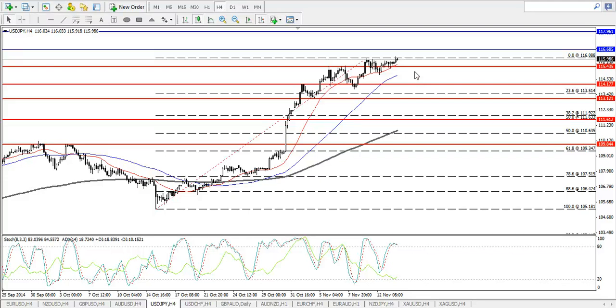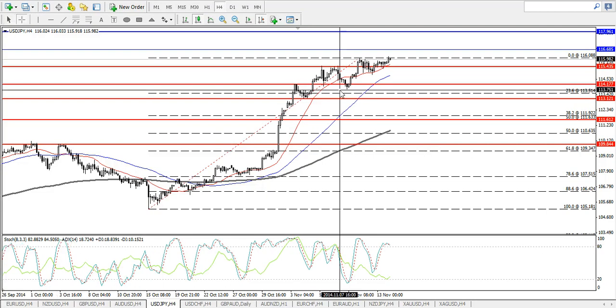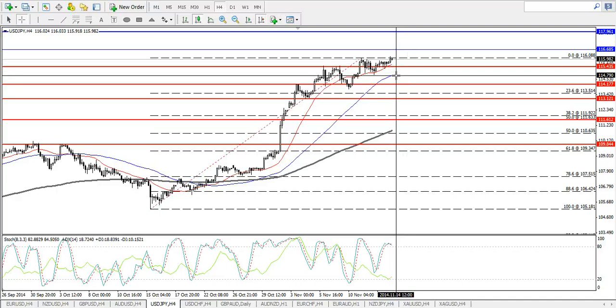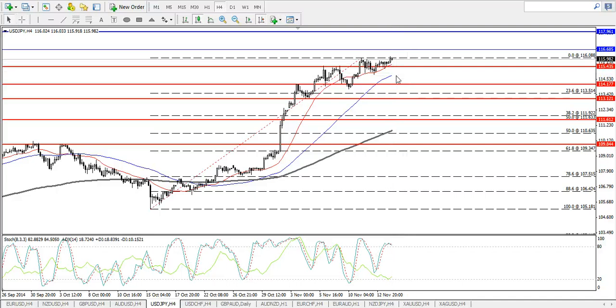The first level we're going to look at is 116.68, followed by 117.96. If it were to retrace, we'll see if it's able to get supported at the 55 moving average. So that's for the dollar against the yen.